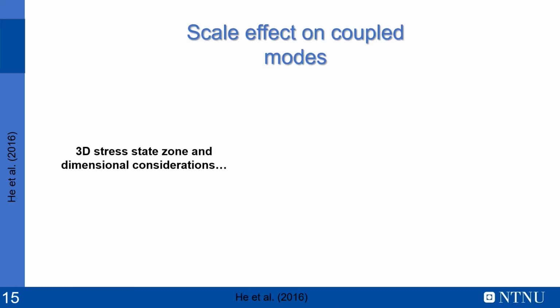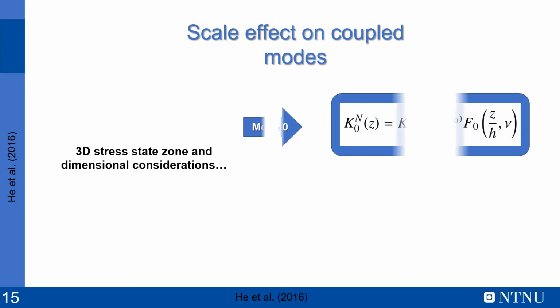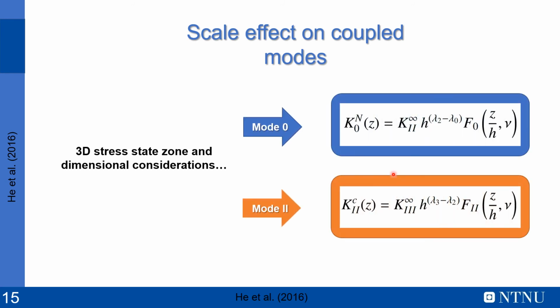With regard to the 3D stress state zone, which is completely encapsulated by the K-dominant zone, and under dimensional considerations, a deterministic scale thickness effect on coupled modes has been observed.